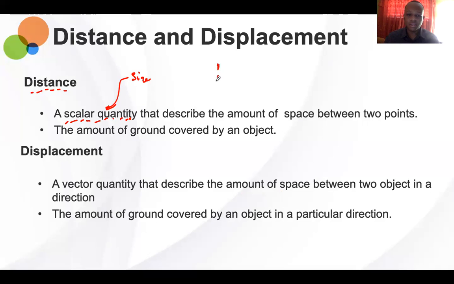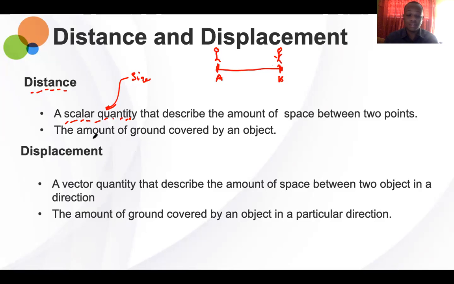So we have a point A and a point B. The scalar quantity would be the amount of space between this point and this point. It's the amount of ground covered by an object. So we have a person walking from here to here. This would be the distance of travel.